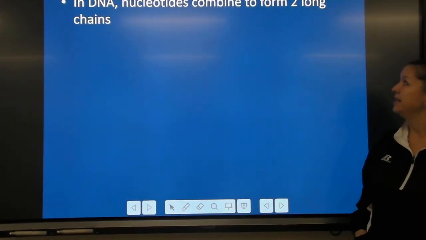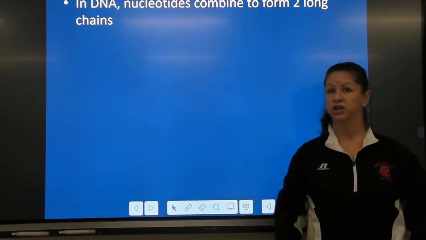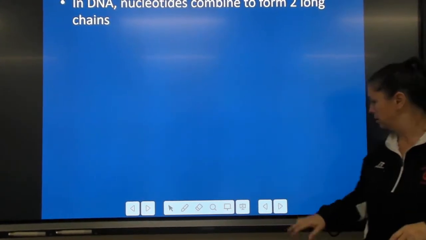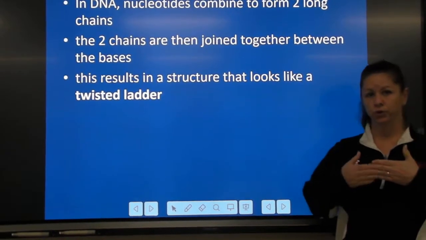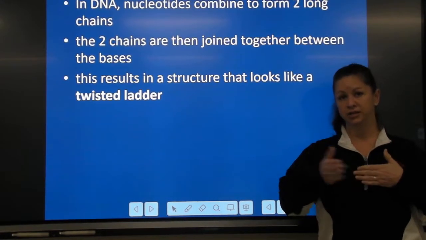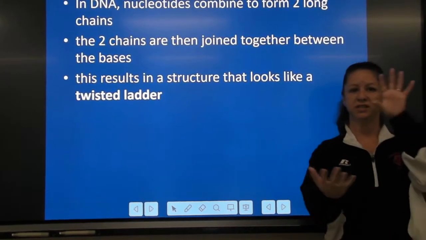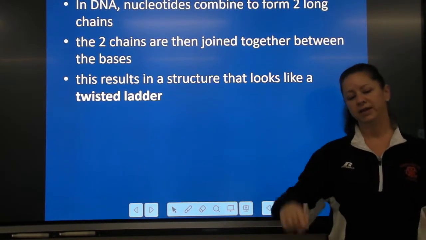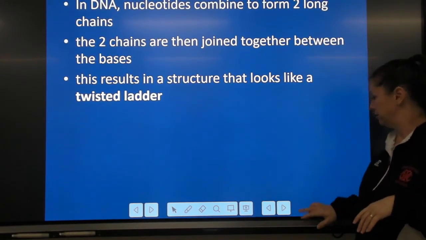Now in DNA, those nucleotides combine to form those two long chains, the legs of the ladder. And the two chains are then joined together between the bases, A to T, G to C. And it results in a structure that looks like a twisted ladder. So when these form that ladder, they twist and spin around each other.